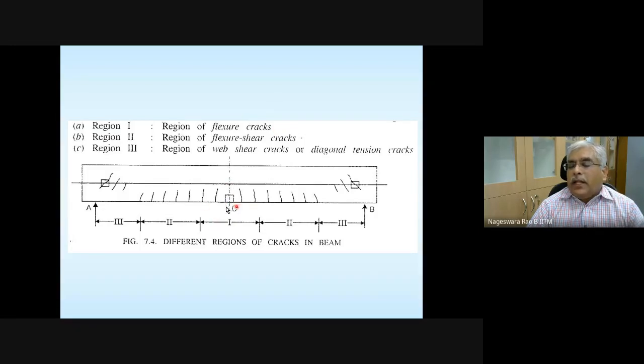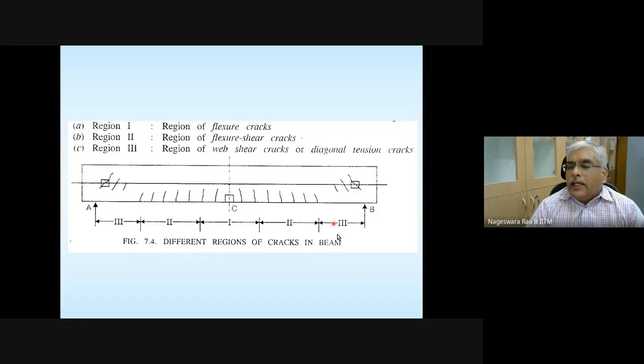You can read here, region 1 is flexural cracks, because here shear stress is almost 0 in the middle. Exactly at the midpoint it's going to be 0, and slightly away from that the bending stress value is going to dominate over the shear stress value. In region 2, both have some equal contribution, so that's why flexural shear cracks.